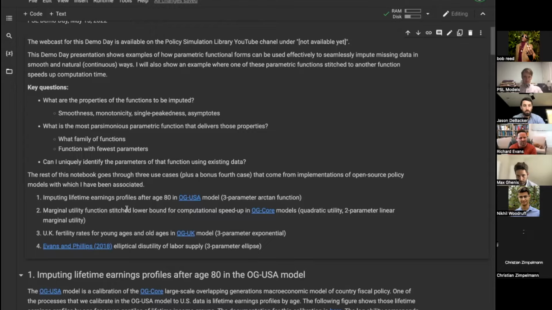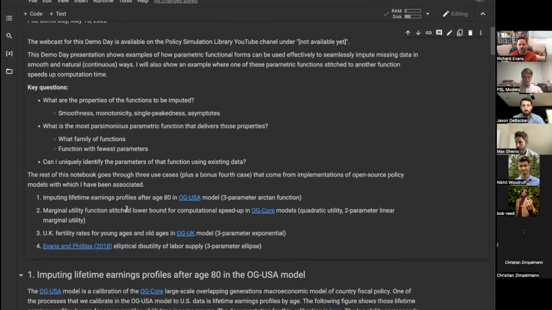The second example is in the core logic of the overlapping generations macro model, and has to do with the marginal utility of consumption. Then the third example has to do with fertility rates in the macro model for the UK. And then I just put a little reference to that elliptical disutility of labor paper.